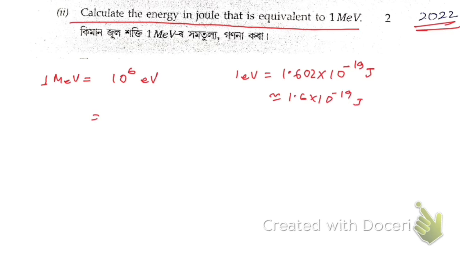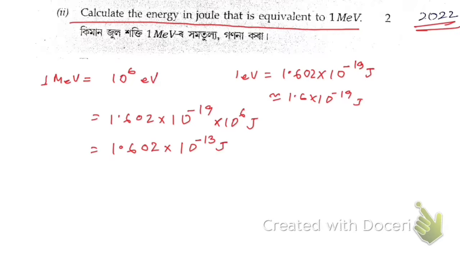So now let me convert it into joule. So 1.602 into 10 to the power minus 19 into 10 to the power 6 joule. So 1.602 into 10 to the power minus 13 joule, right?